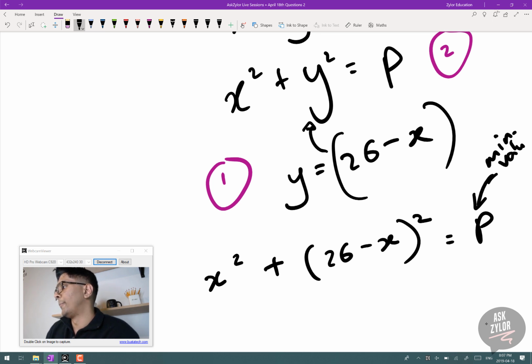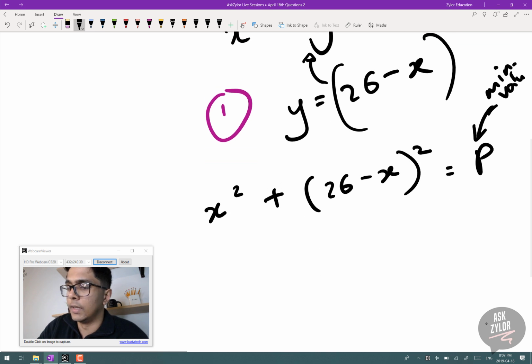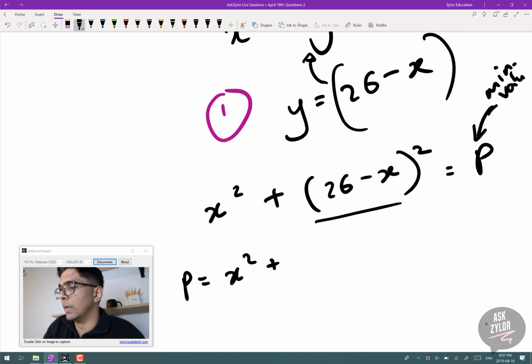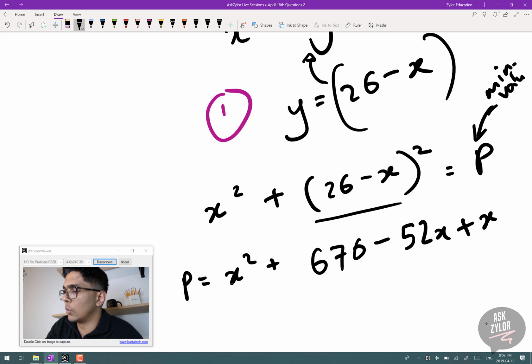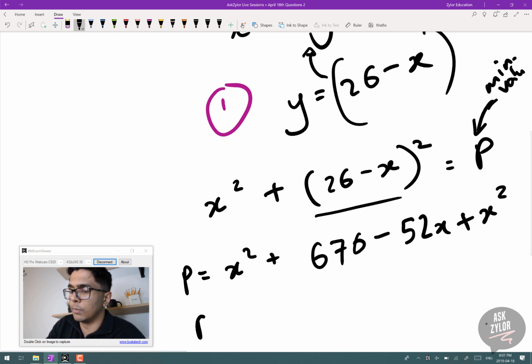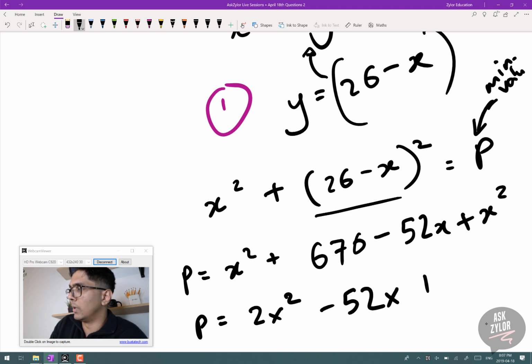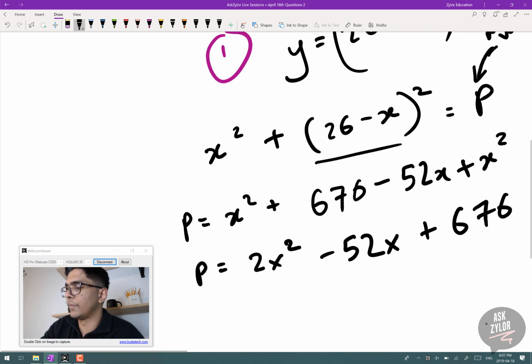So if I evaluate P, P is equal to x squared plus, expanding my brackets, 676 minus 52x plus x squared. And when I simplify this, I end up with 2x squared minus 52x plus 676.